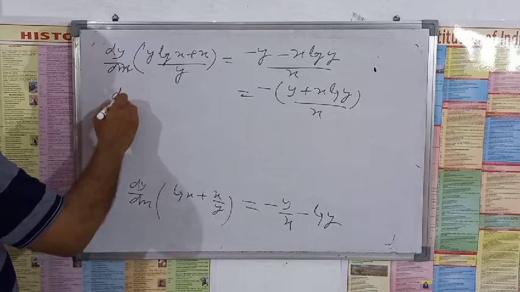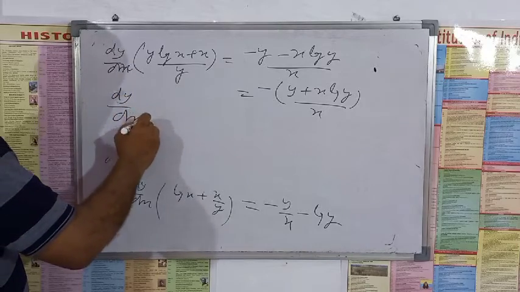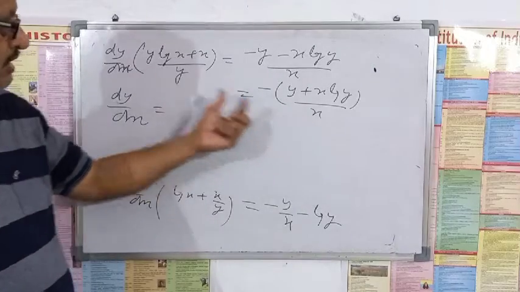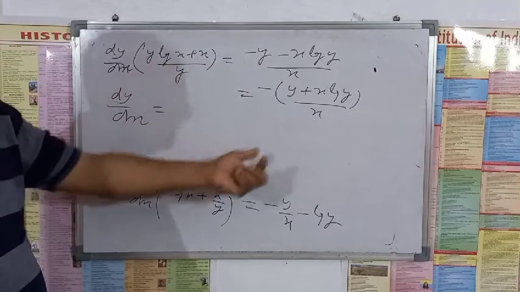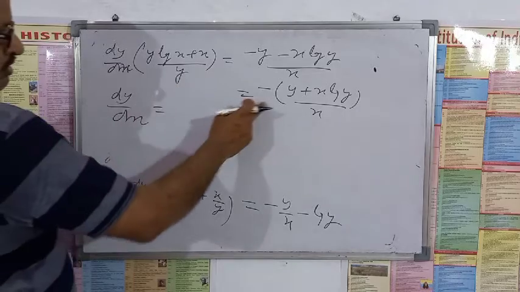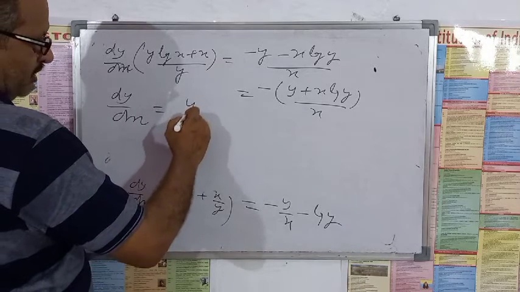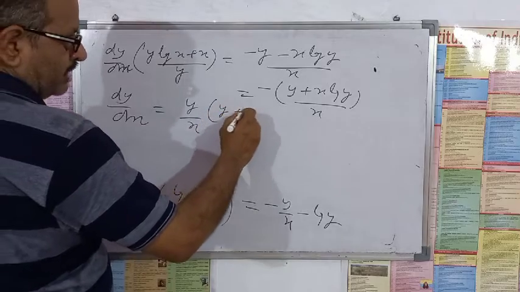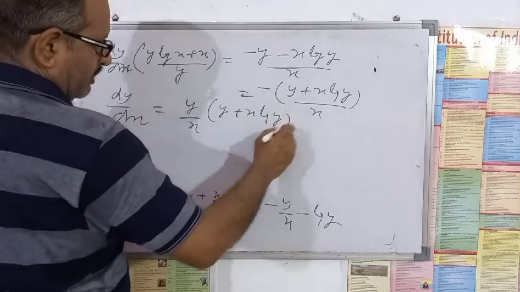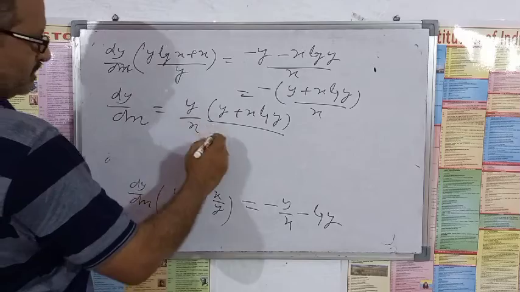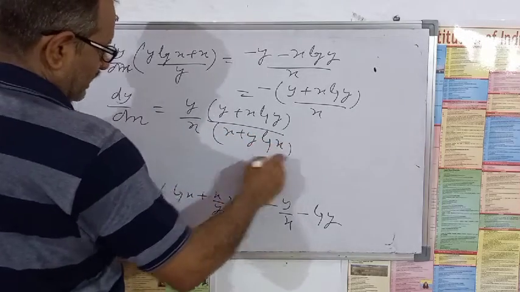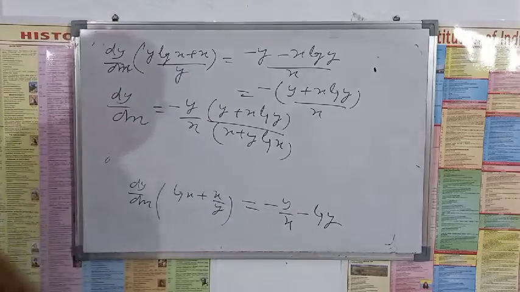So what will be dy by dx? We will divide the right side by the coefficient of dy by dx. So it will be y by x, y plus x log y upon x, divided by x plus y log x, with a minus sign here.